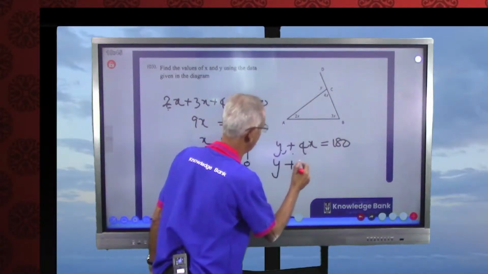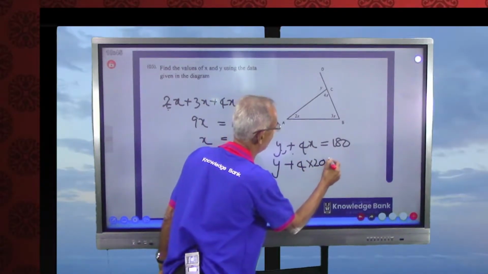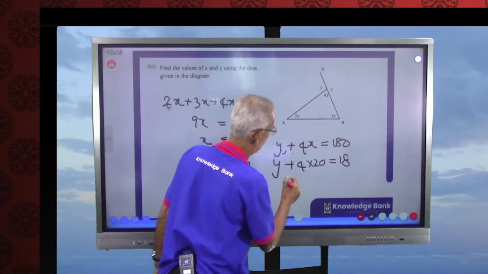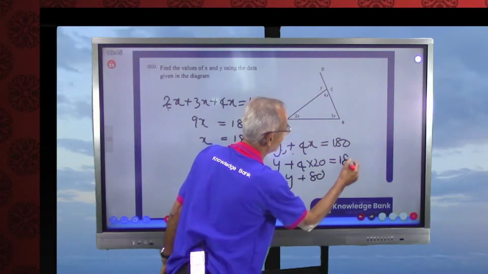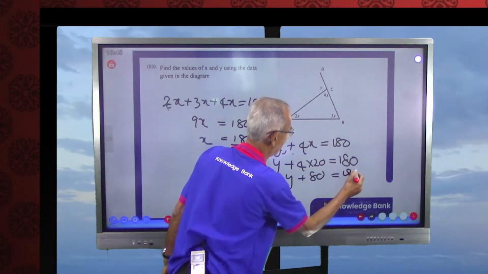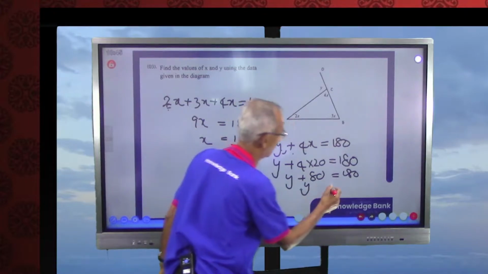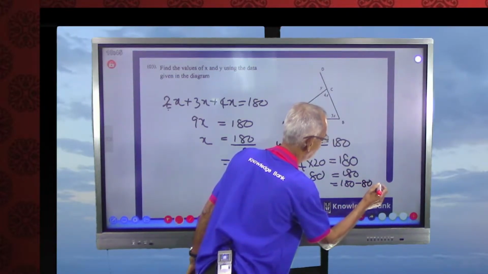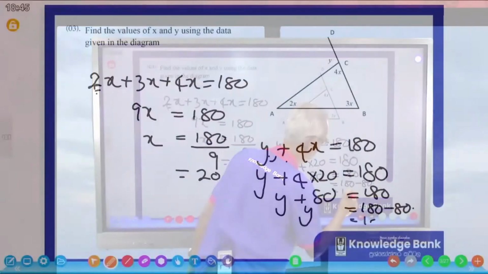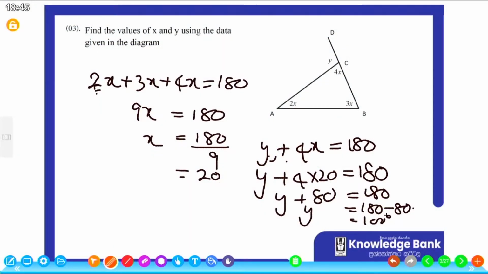Therefore, y plus 4 into 20 is equal to 180. Then y plus 80 equals 180, therefore y is equal to 180 minus 80, which is 100 degrees.